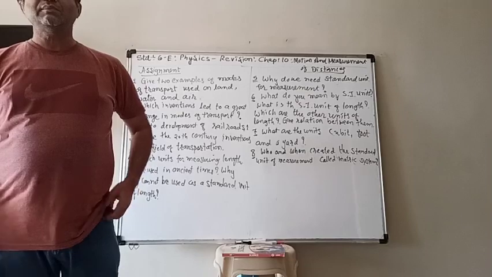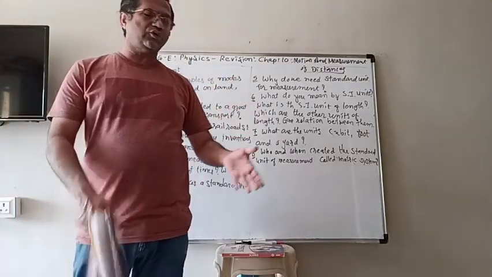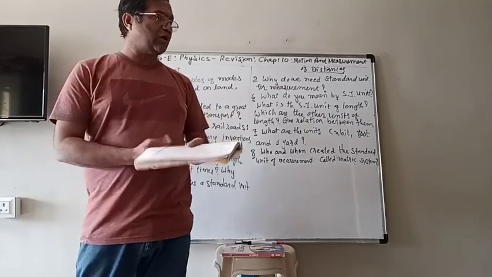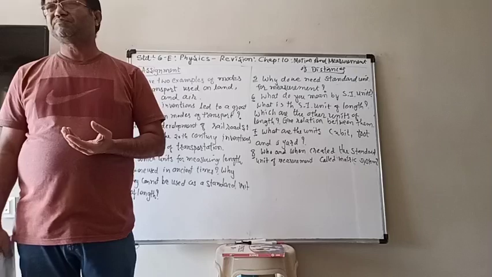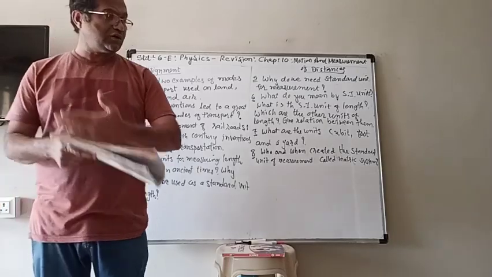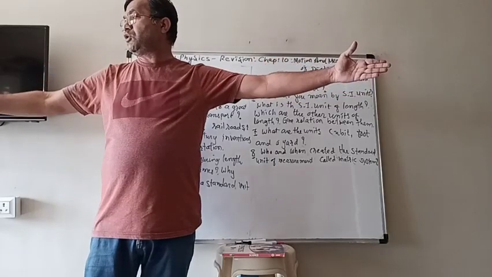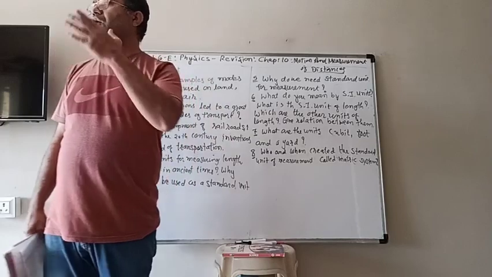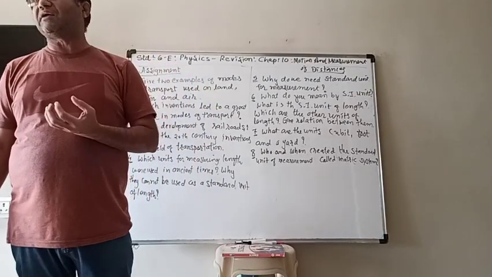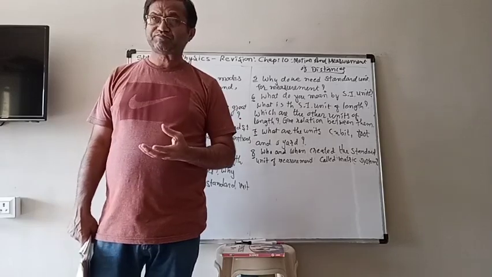So we use a convenient unit. For example, if you want to find the length of a book or a board, we will use centimeter. But if you want to measure the length of your door, the floor, the garden, or any other bigger thing, then we use meter.